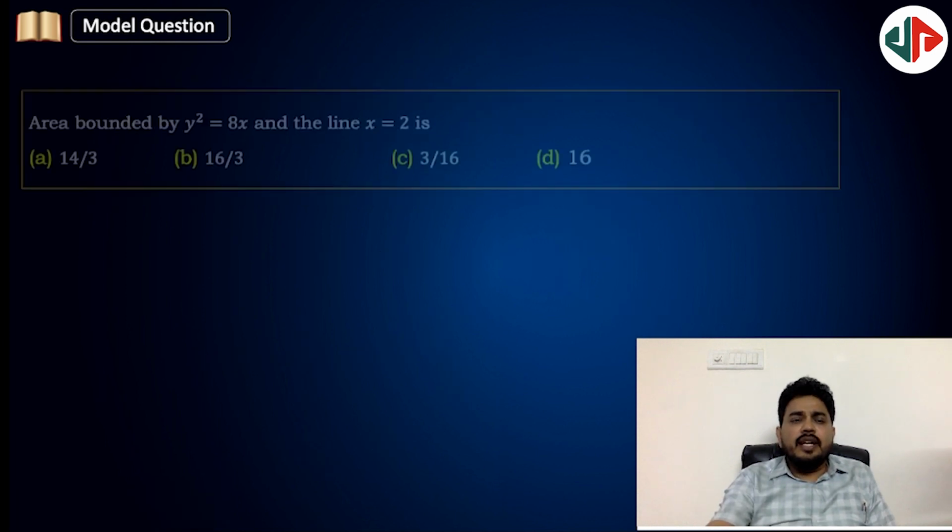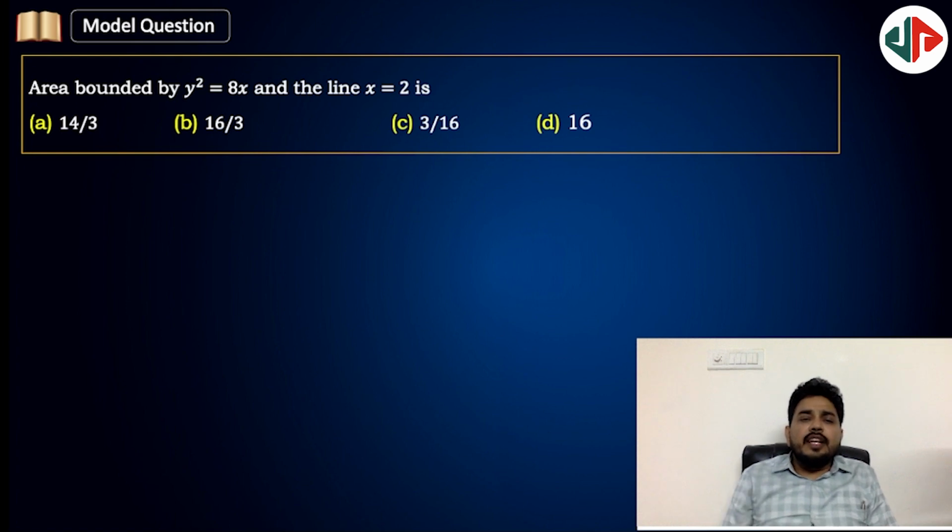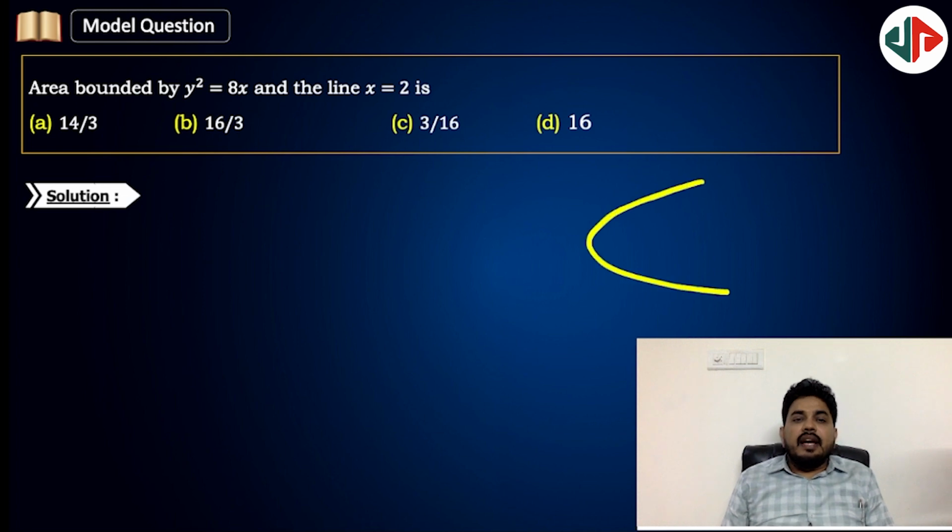Next question is area bounded by y square is equal to 8x and the line x is equal to 2. Please understand, if you recollect the previous question, very simple, because your x is equal to a is the latus rectum.